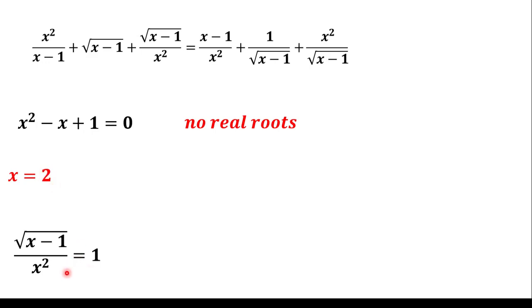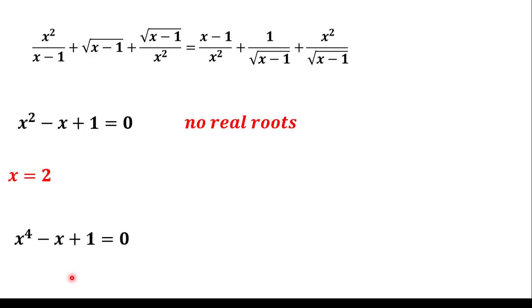To solve the third equation, we need to square both sides and then multiply both sides by x to the power 4. So we get a quadratic equation.